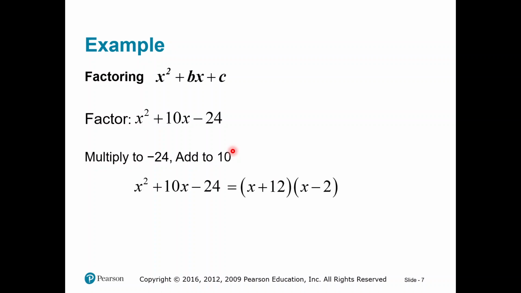So x squared plus 10x minus 24 is the product of x plus 12 times x minus 2. Again, because negative 2 times 12 is negative 24. At the same time, negative 2 plus 12 is 10.